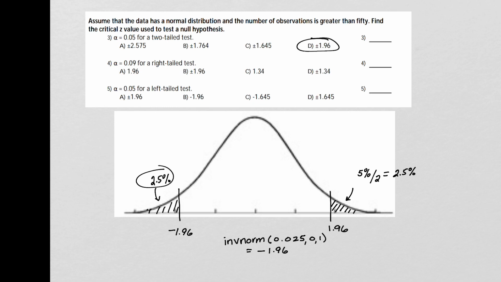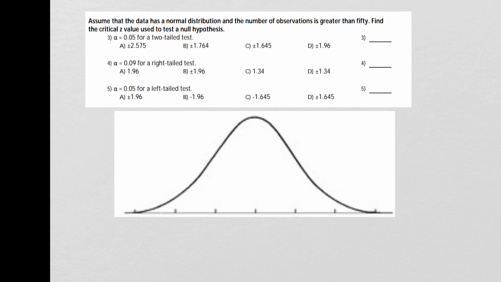Now let's take a look at number 4, where we're working with a right tail test. So since we're in the right-hand tail, we've got 9% in that right-hand tail, and let's say it's roughly somewhere here. And this area is 9% or 0.09. So I'm going to do inverse norm.